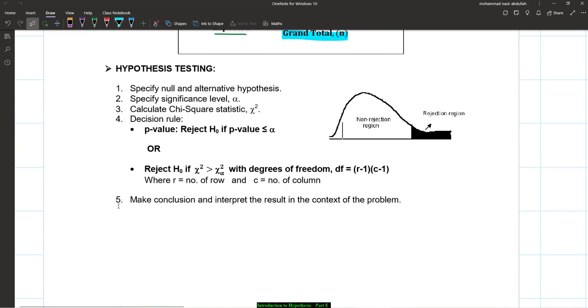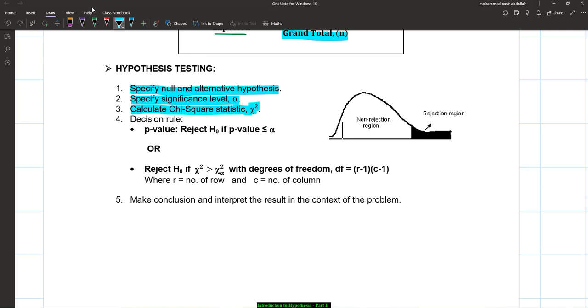So now the hypothesis testing steps. The steps remain the same as the previous steps. First step is we need to specify the null and alternative hypotheses. The second is we need to know our level of significance. The third step is the test statistic, where we are going to use the chi-squared test statistic of independence, and make a decision rule.